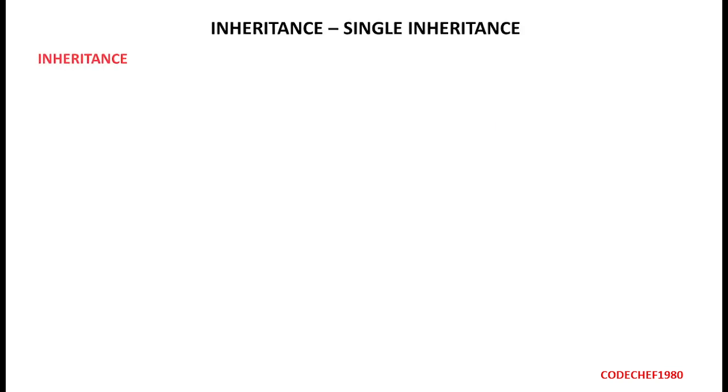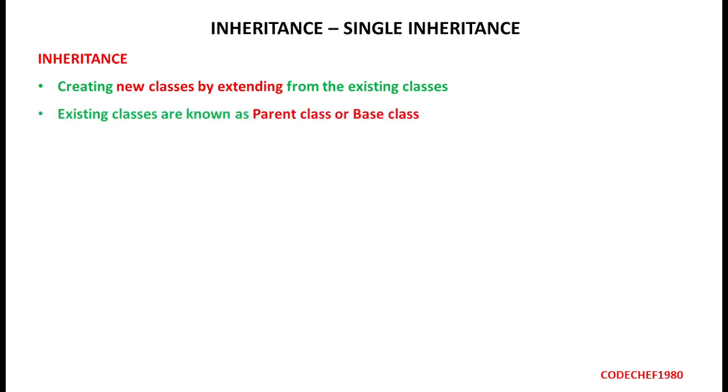So what is inheritance first? Inheritance is about creating new classes from base classes or existing classes. We have some class which can act as a parent class or base class, and those properties can be reused in the new classes. That's why we apply the inheritance concept.